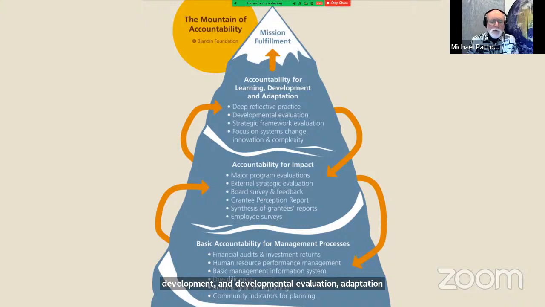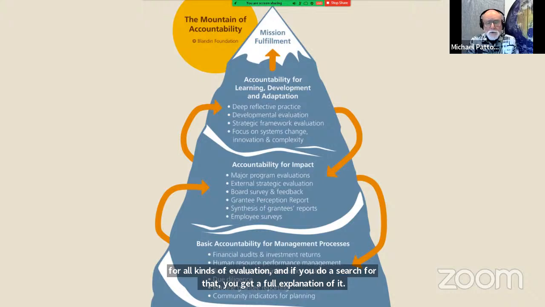So the mountain of accountability was to use that language throughout all of the different kinds of evaluation they were doing, to send a more general message about being accountable for all kinds of evaluation. And if you do a search for that, you get a full explanation of it, how it's used. It's pretty easy to find.